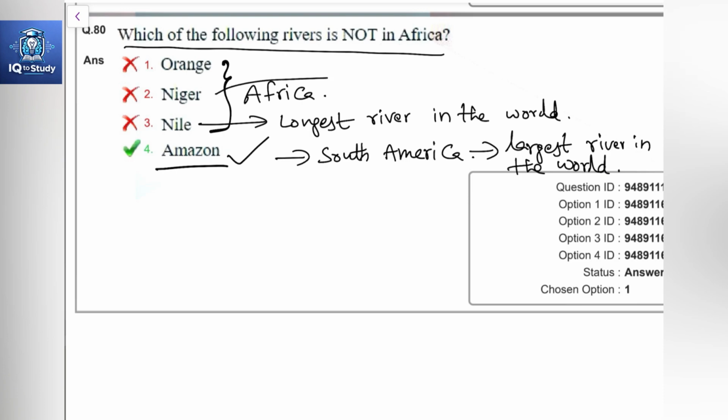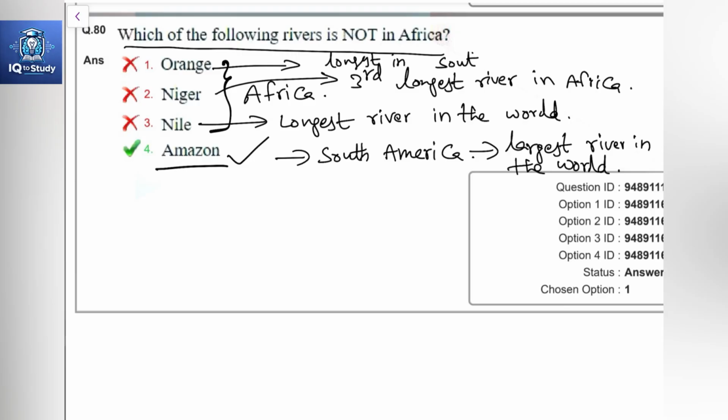And Niger is the third longest river in Africa. And Orange is longest in South Africa.